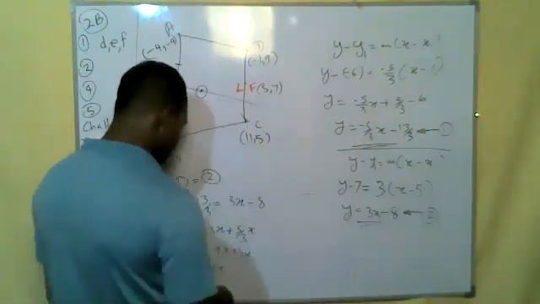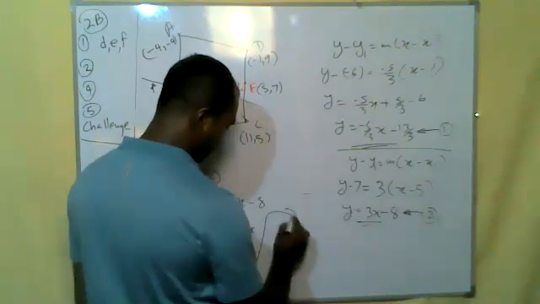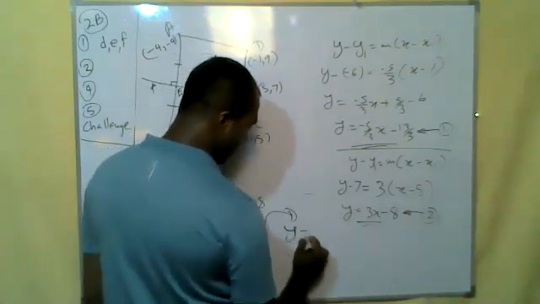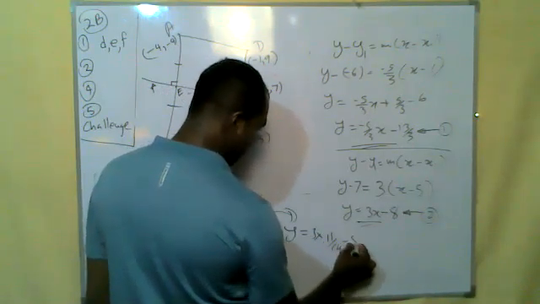So by substituting this value in the second equation, y equals 3 times 11 over 14 minus 8.